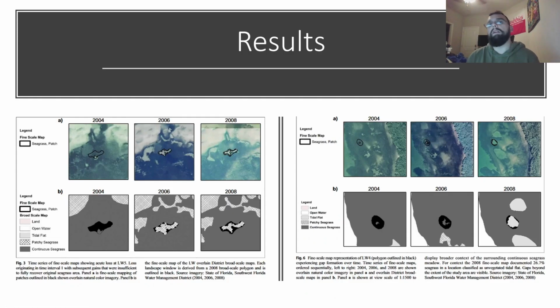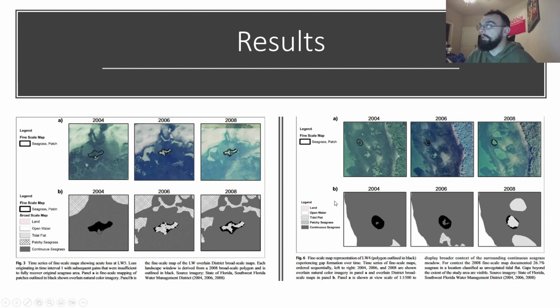Moving into what I was talking about a little bit earlier, with how polygons showing gaps in seagrass cover were overlaid onto 2004 and 2006 maps to see if we could observe any chronic loss in seagrass. Figure 3 over here on the left side of the screen shows how the broad scale mapping overlay classifies this bare area as patchy seagrass instead of being a bare open water, open tidal flat.